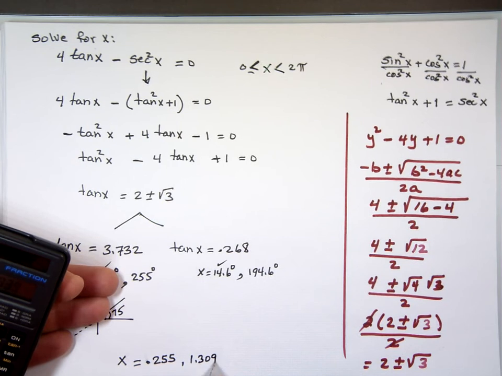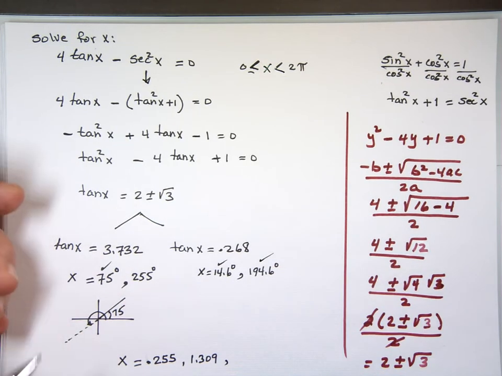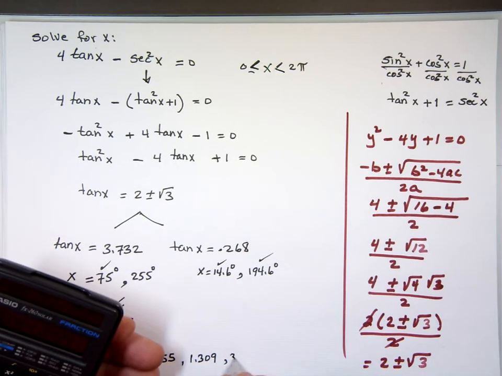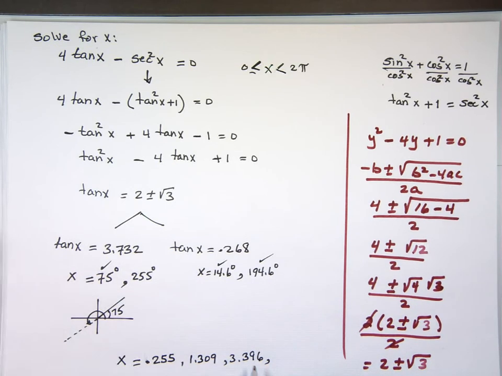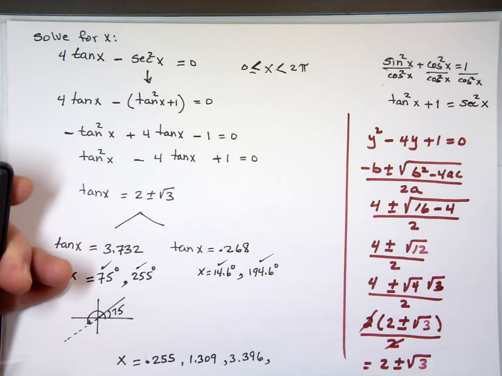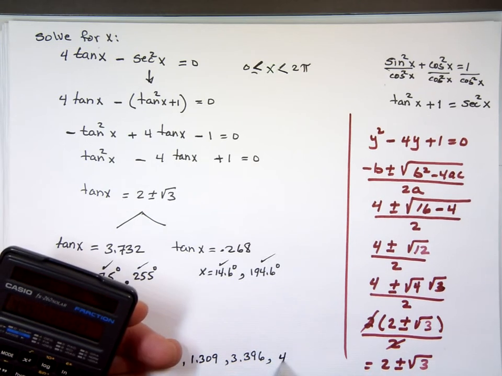Let's try the 194.6 times pi divided by 180. 3.396. And the last one, 255 times pi divided by 180 equals 4.451.